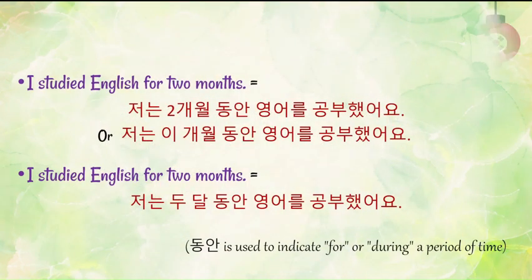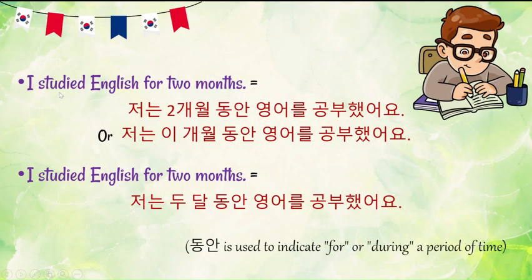Now let's look at this example sentence. I studied English for 2 months. Here I have used 개월 as a counter for months. And we know that while using 개월, you have to use the Sino-Korean number. And there are two ways to write the Sino-Korean number. Either you can use the numeral form or the word form.